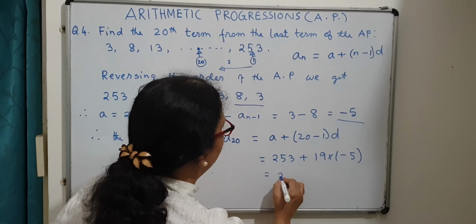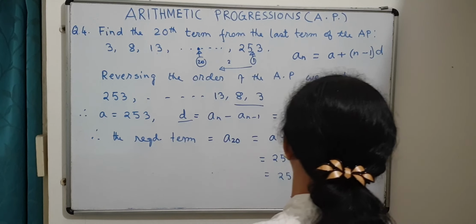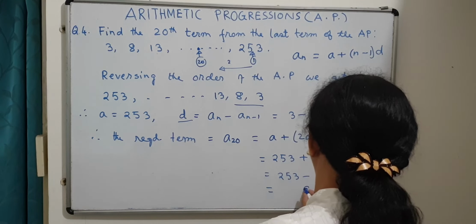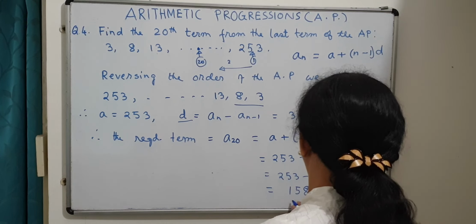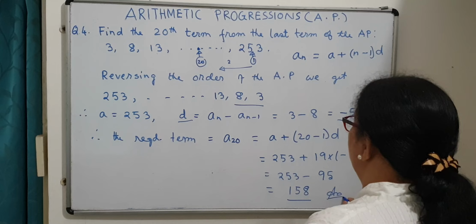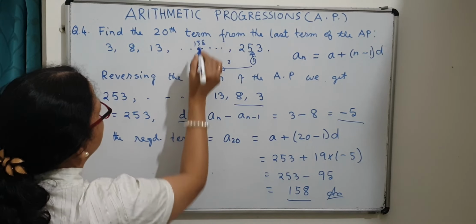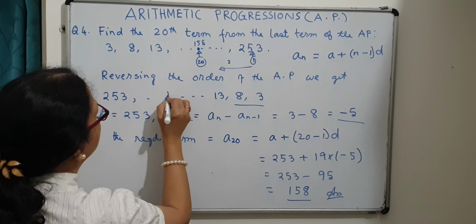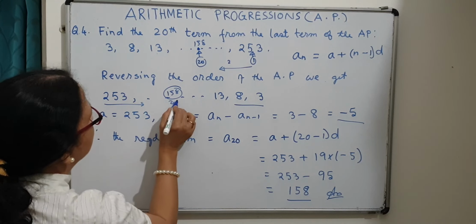So it is 253 minus 19 times 5, which is 95. So it is coming out to be 158, that is the answer. So 158 from this side is also 158 from the beginning. So it is the 20th term.